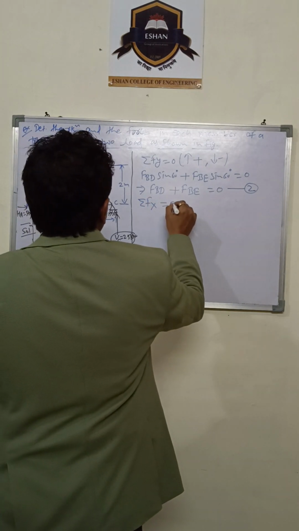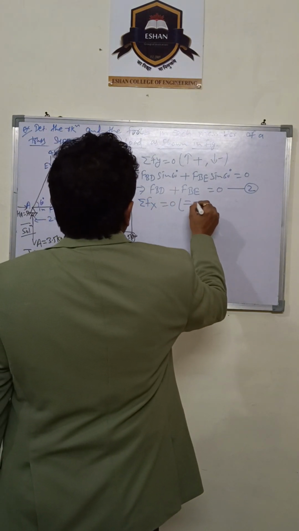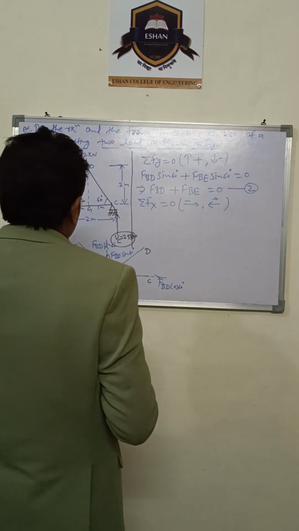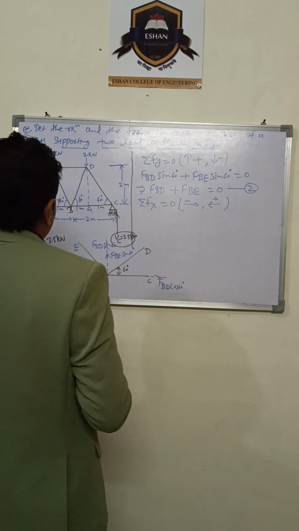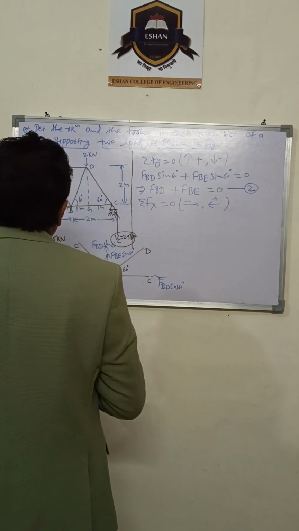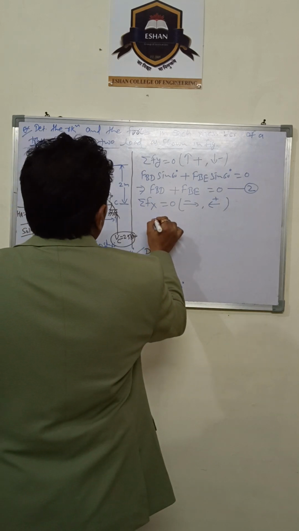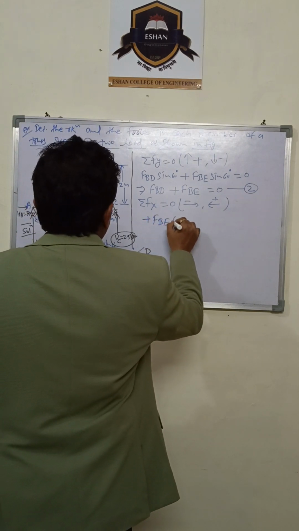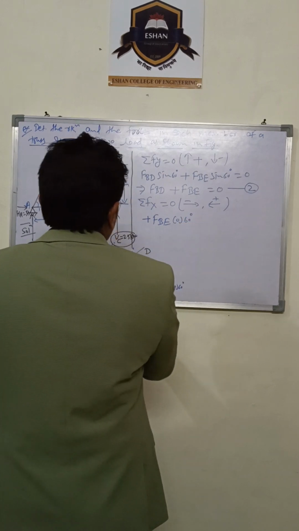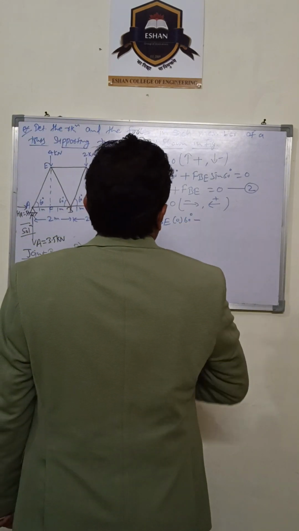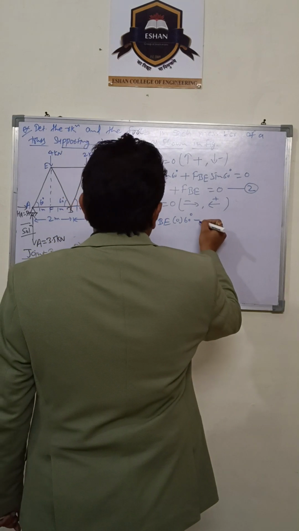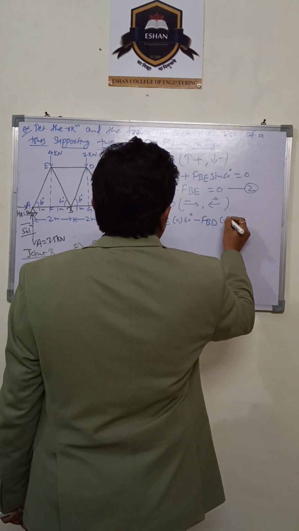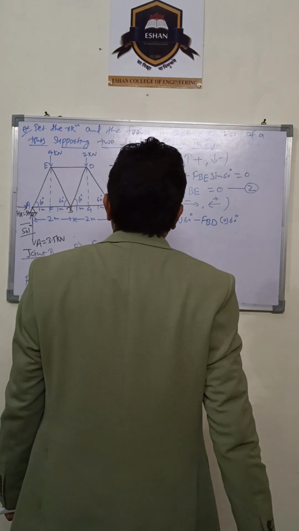Now consider the second equilibrium condition. Summation of Fx equal to 0. Left to right negative or right to left positive. Now consider FBE cos 60 degree, right to left positive, minus FBD cos 60 degree.